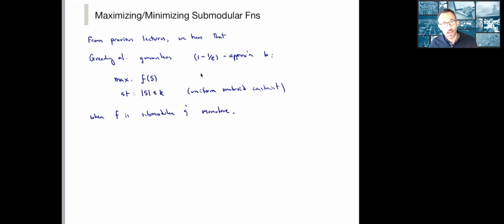And it turns out that actually this is optimal. So greedy is actually the best that we can do. And this is a theorem that's due to Feige.